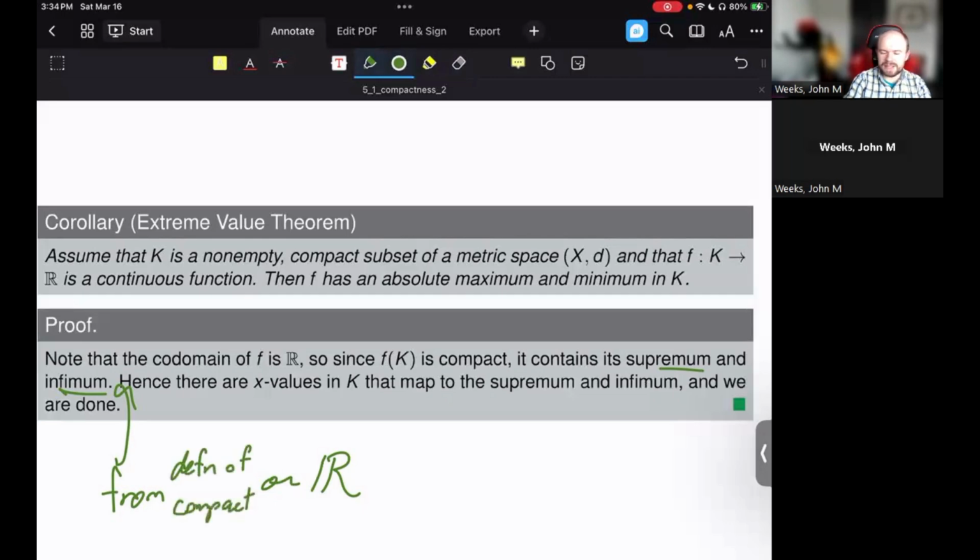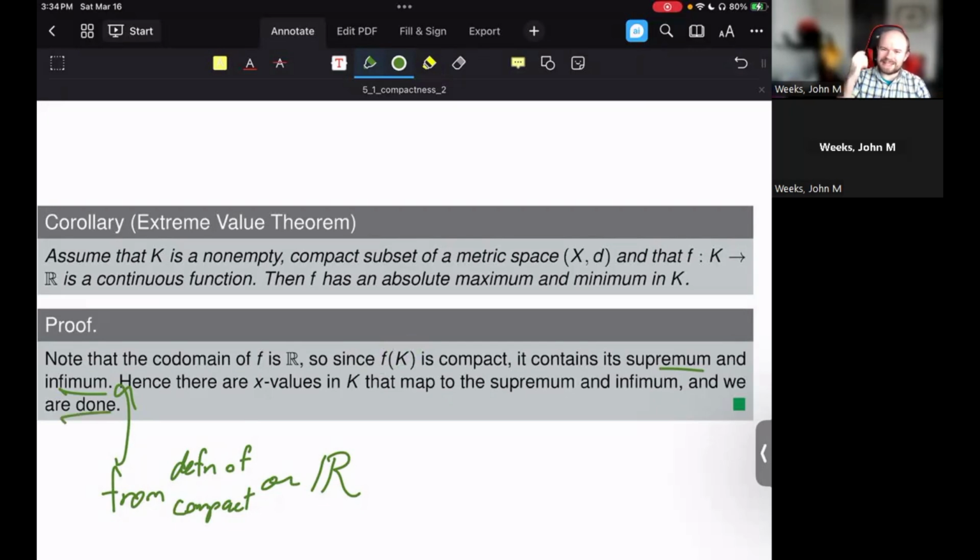Any compact set is going to be closed and bounded, so it has to contain its supremum and infimum. It's bounded, so it's got a supremum and an infimum, and then it's closed, so it's going to contain those two points. Hence, there are x values in K that map to the supremum and infimum by the definition of f of K being the image. And that's it. That's good enough to go.